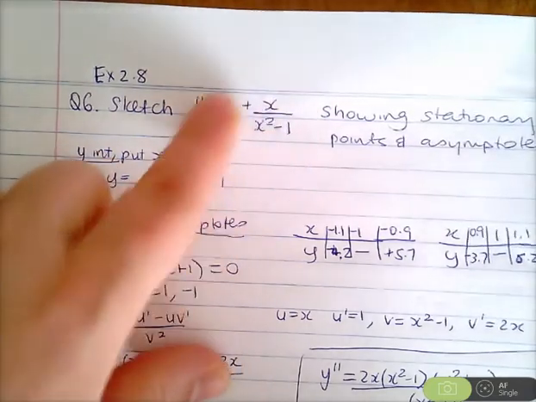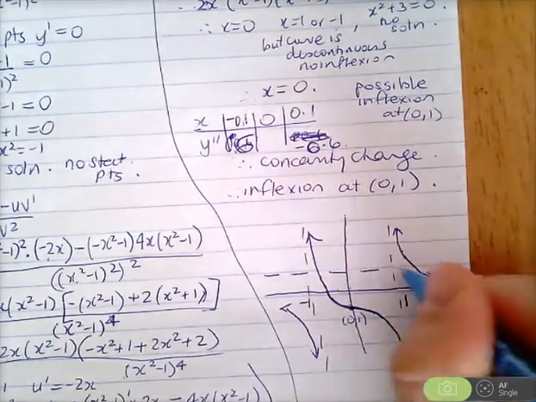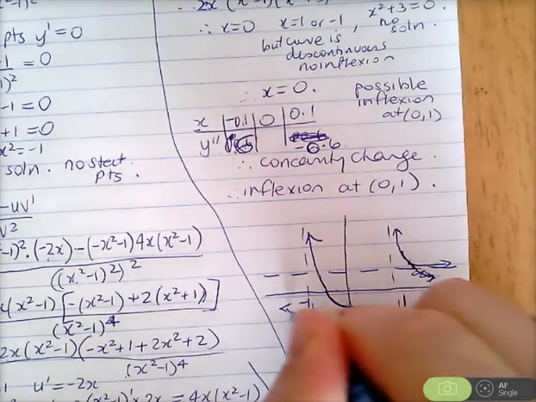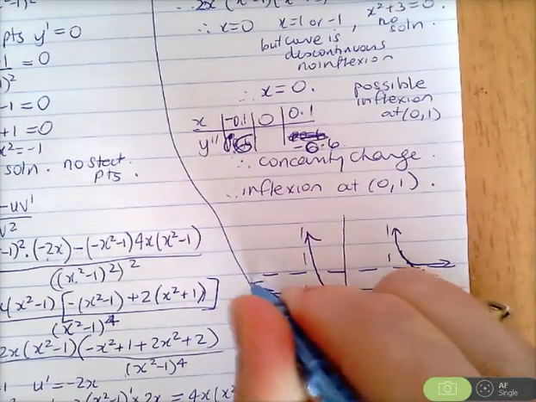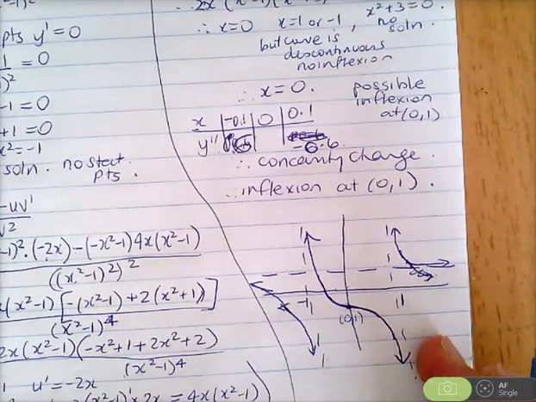It looks like this is the curve, but the whole thing's been shifted up 1 unit. So we've got a horizontal asymptote here at y is 1. But sorry, I haven't drawn that very well. I might have to do that over the page, and I will do that over the page.